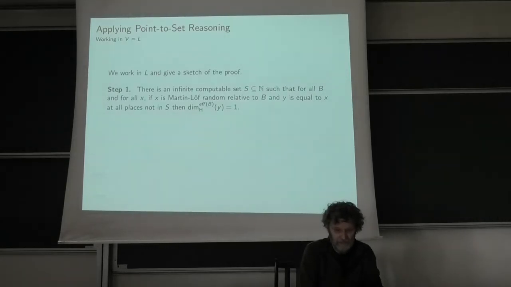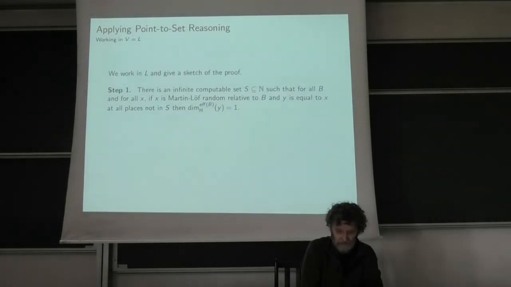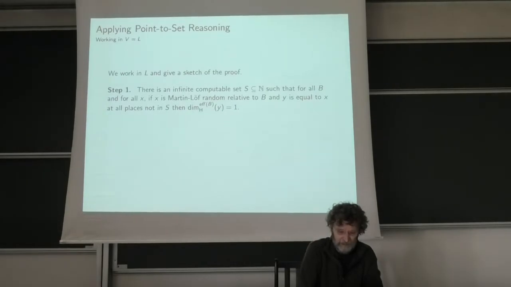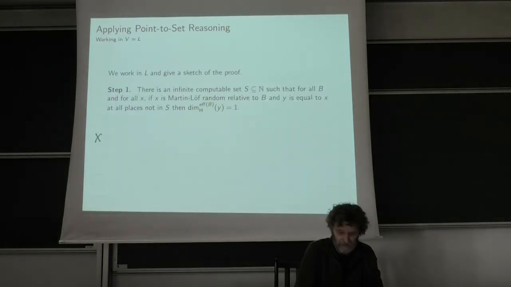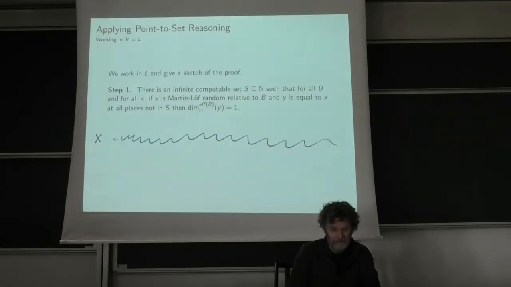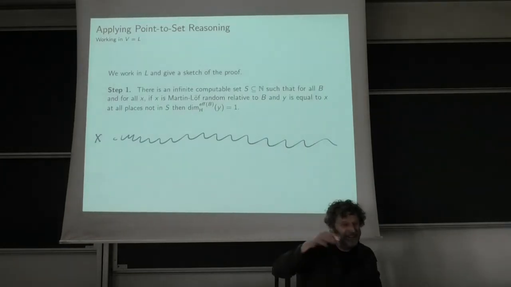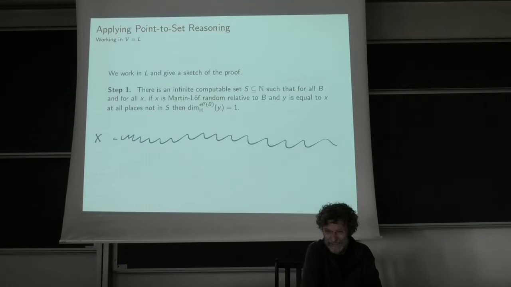Here's X. X is Martin-Löf random. That's not a harmonic function. It's meant to say that the values are 0 or 1 randomly. So that's X. Now, here's this set S. You can take S to be something like the iterated exponents of 2: 2 to the 2, 2 to the 2 to the 2.